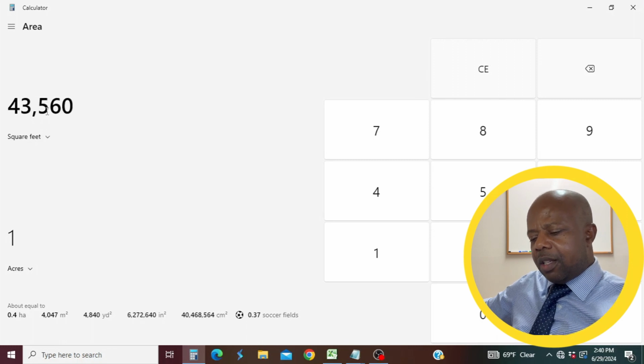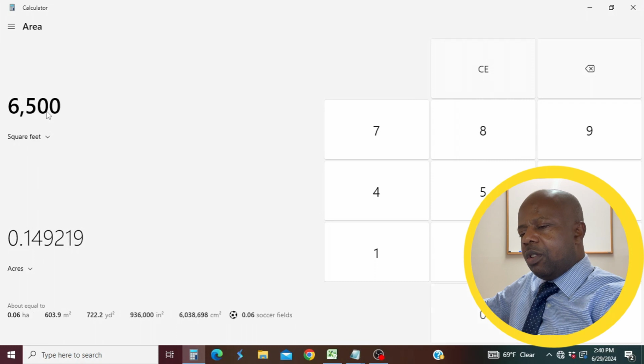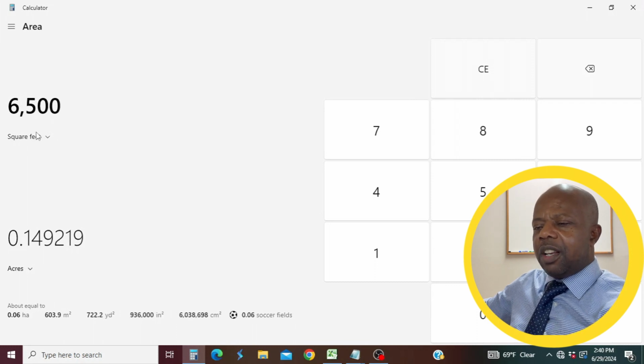Now let's say you have a property that sits on 65,000 square feet. It tells us it to be about 0.15 acres. So that means you have about six and some fraction of these in 1 acre.